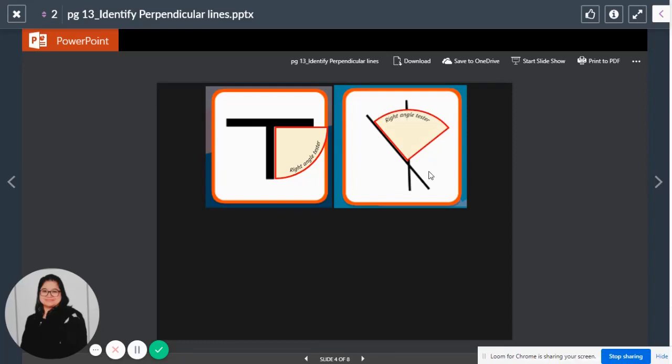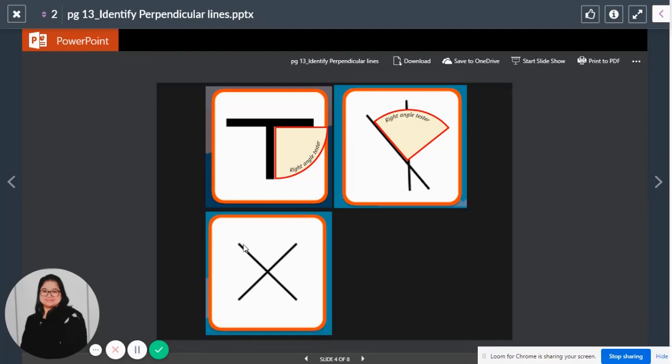Let's go and take another example. Now we have these two lines crossing each other at this point. Let's place our right angle tester. Remember, when you're placing the right angle tester, the vertex of your right angle tester should fit in here, okay? And one side of your right angle tester should be exactly on any one side of the line, okay?